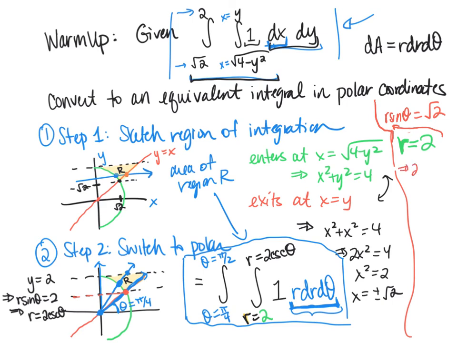And that's going to give me 2 sine theta is square root of 2. And then I solve for theta. Sine theta is square root of 2 over 2, which in this case is telling me theta is pi over 4. But if it had been a less obvious angle, you could have done it just by solving for the intersection. Okay, so we're going to use this idea now and move on to today's lesson.